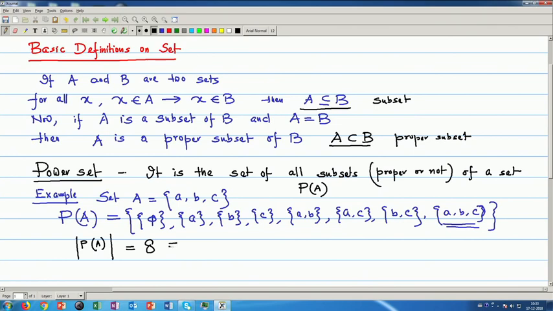So, this is actually 2 to the power 3. This is my cardinality of power set.